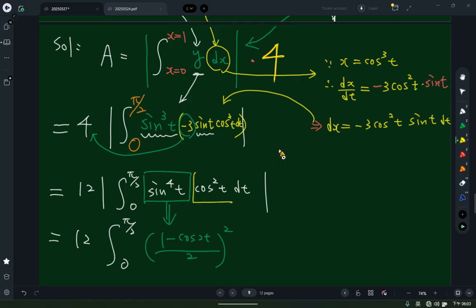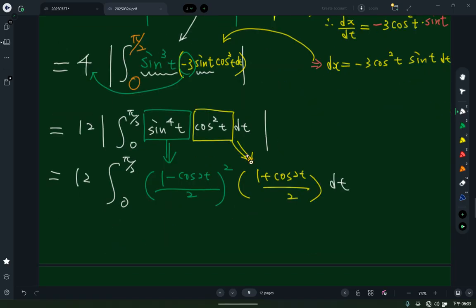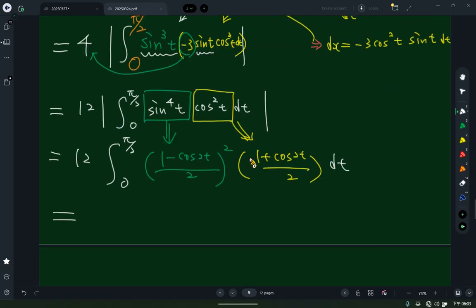Then for this part, we can also use another half angle formula to convert it as cosine 2t over 2, then dt. So we need to continue to expand it and then combine them together.